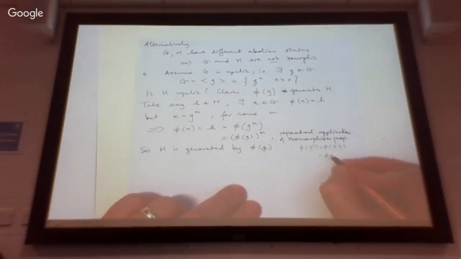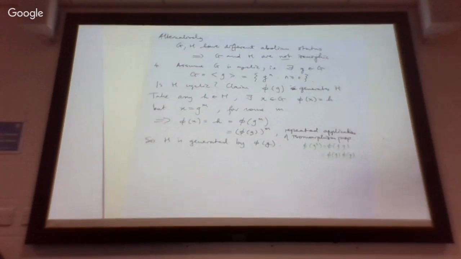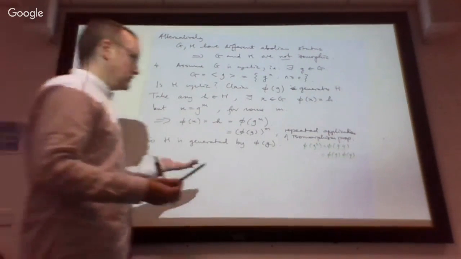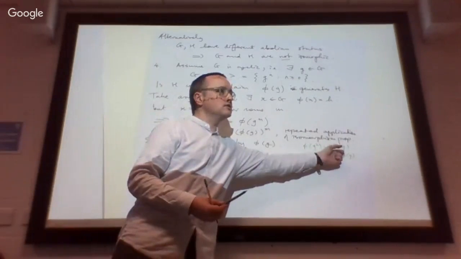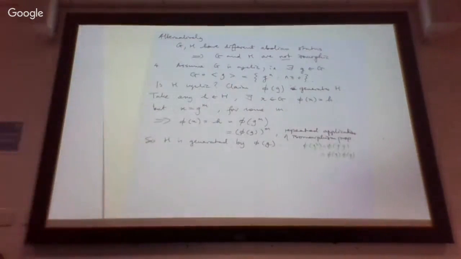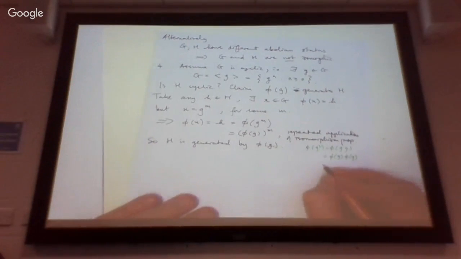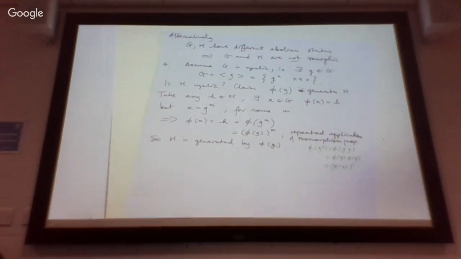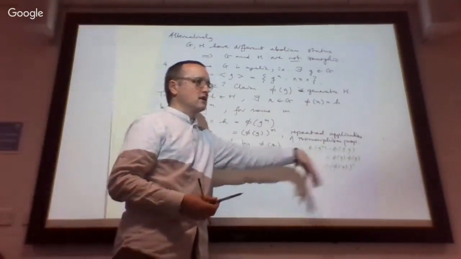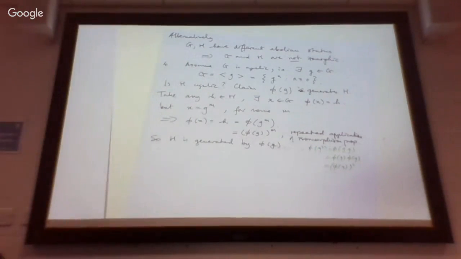So the isomorphism property says that's phi of g times phi of g. Normally we quoted that in terms of x and y, but equally well it applies when you're using the same element twice. And that is, of course, just phi of g squared. And the same, you get cubes then, because cubed is g squared times g, and so on. So by induction, you get it.